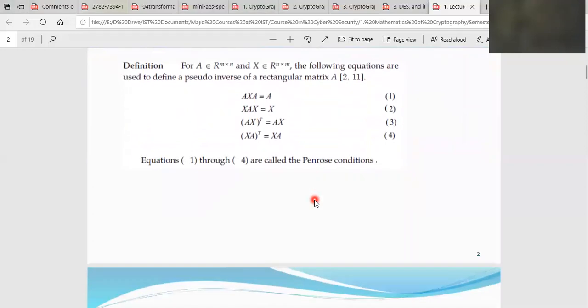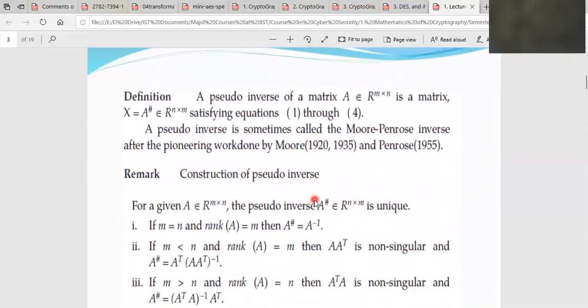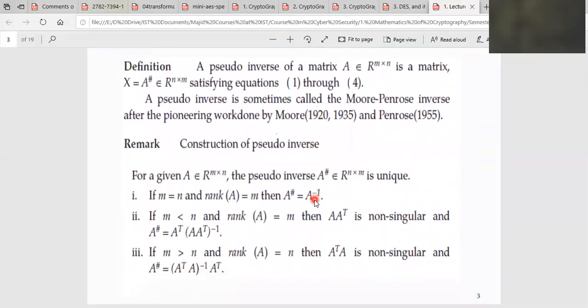And how to construct the pseudo-inverse, let us take one remark in slide 3, construction of pseudo-inverse.